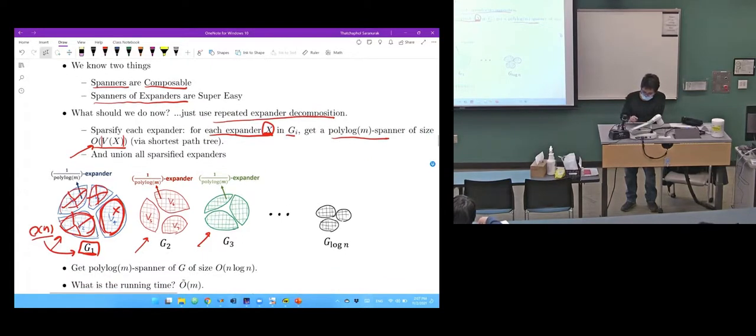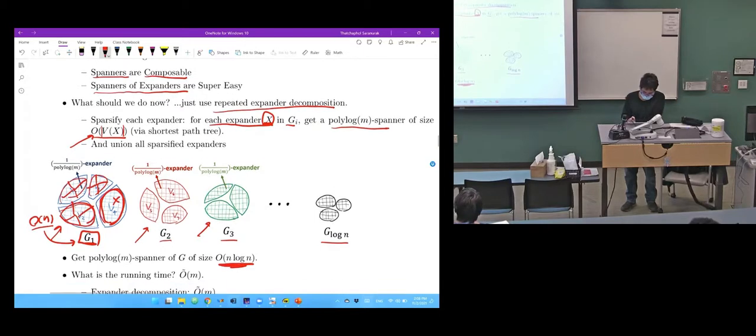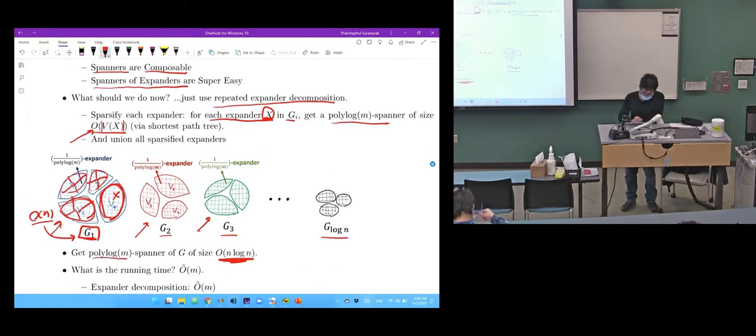And you union all of the sparsifiers for each of the G_i, then the total size is going to be n log n now. And you get a polylog spanner.